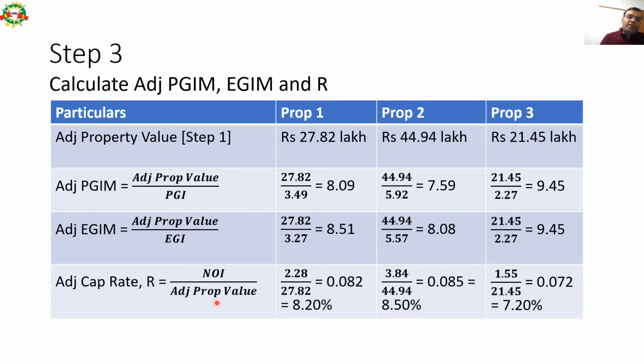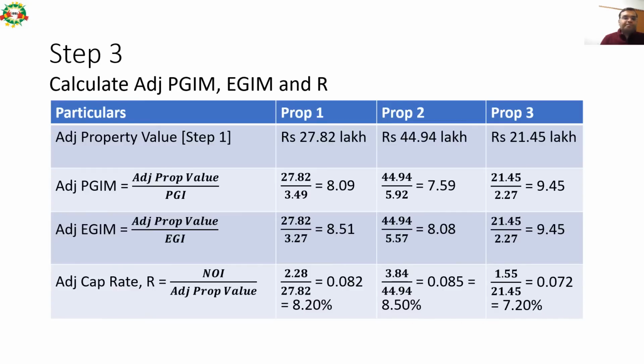And likewise we calculate the adjusted capitalization rate for each of the sample properties using the formula NOI of each property divided by adjusted property value of each sample property. It gives us a capitalization rate of 8.2% for property number 1, 8.5% for property number 2 and 7.2% for property number 3.